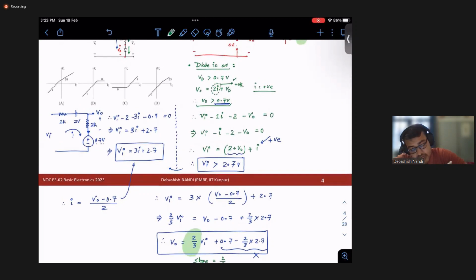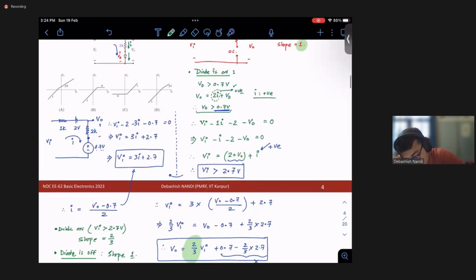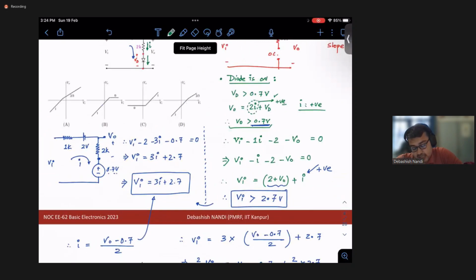So when the diode is on, that means when Vi is at least greater than 2.7 volt, slope is 2 over 3. When the diode is off, slope is 1, right?